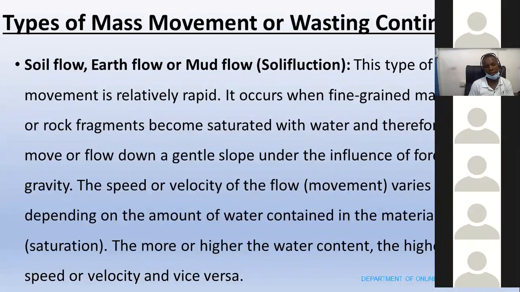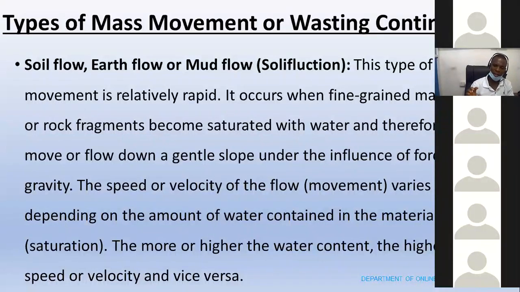Now, when we looked at the factors that affect weathering, we mentioned the presence of moisture or water, where we said that the amount of water content in the material can determine how fast this material will be able to move downslope under the influence of gravity.